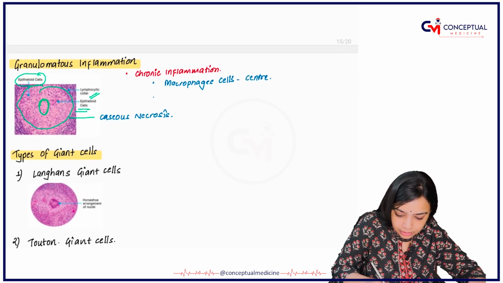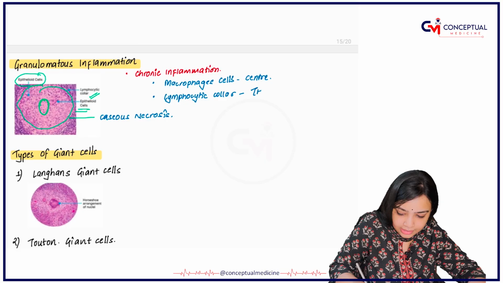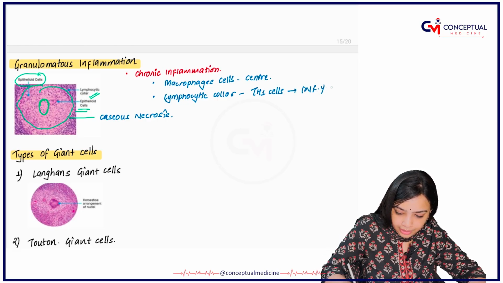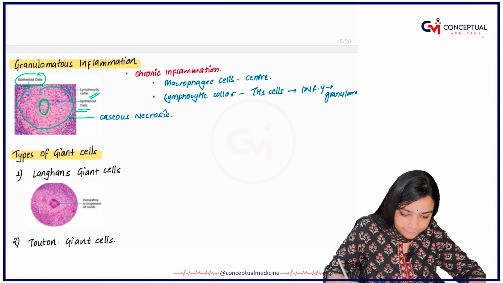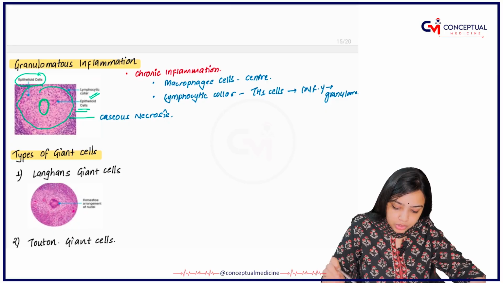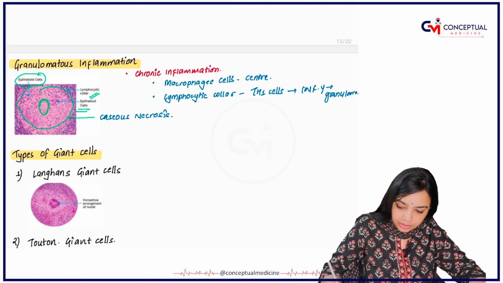The lymphocytic collar has T helper 1 cells and interleukin, and the granuloma.